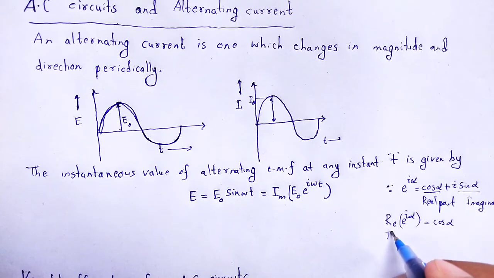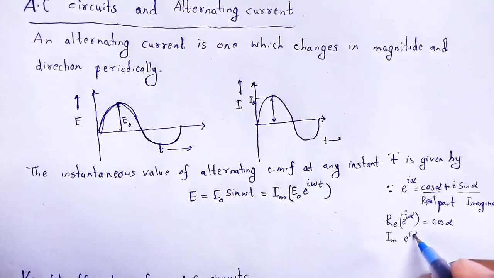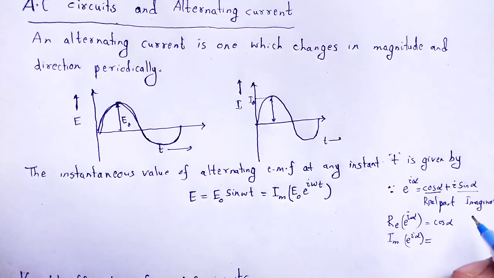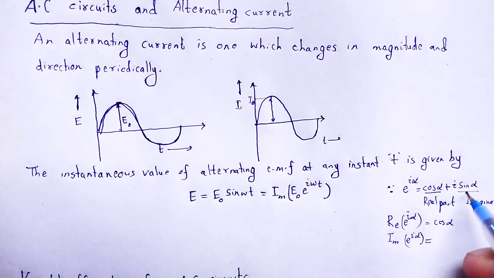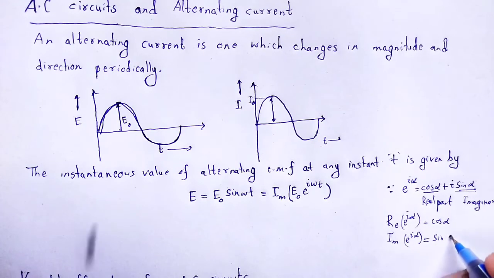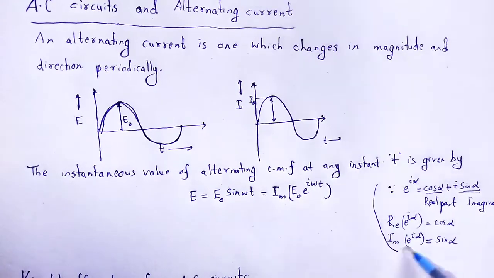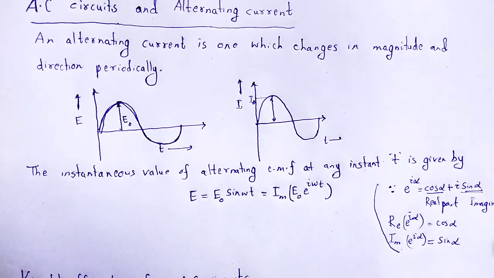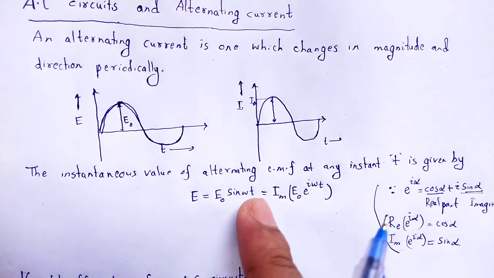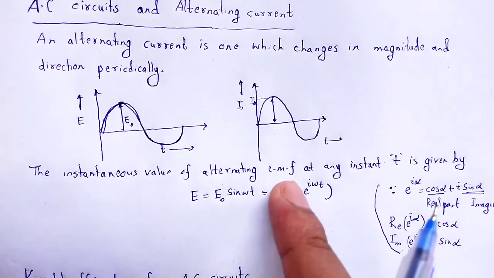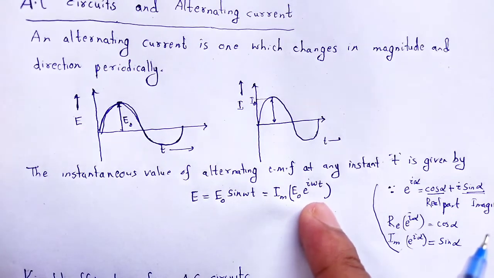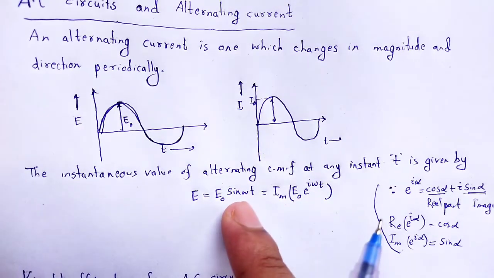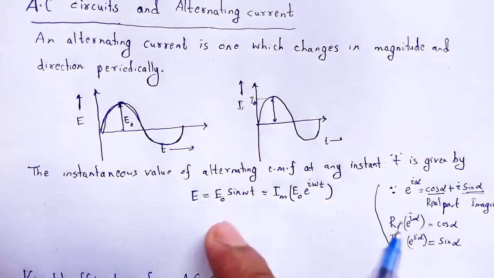If we take the imaginary part of e to the power i alpha, it is sin alpha. In this way, E naught sin omega t is written as the imaginary part of E naught e to the power i omega t. So the imaginary part will be sin omega t.